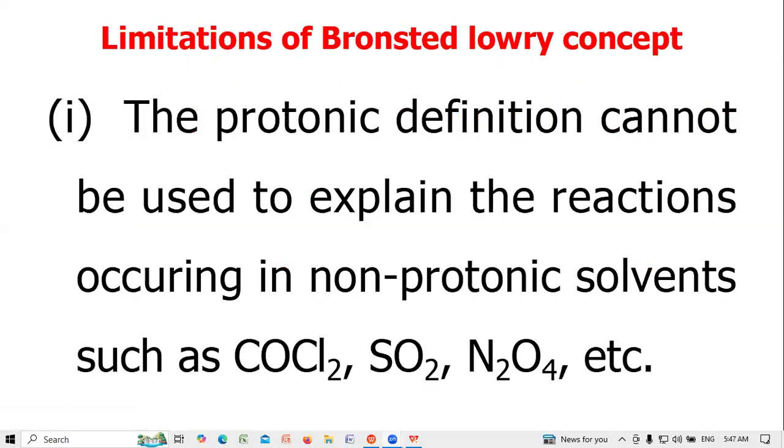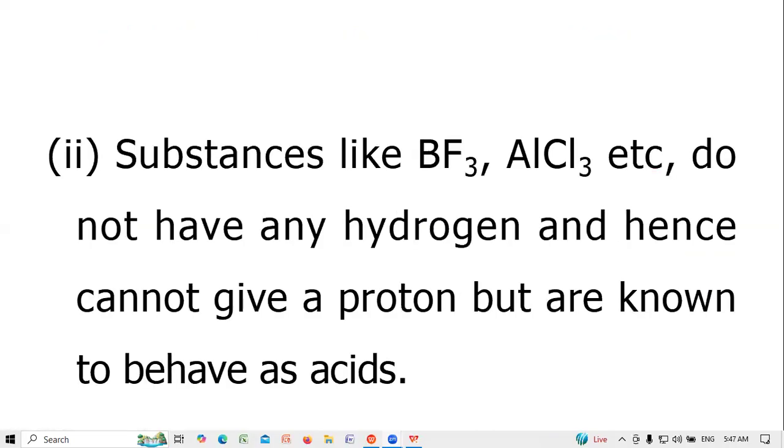Limitation of the Bronsted-Lowry concept: the protonic definition cannot be used to explain reactions occurring in non-protonic solvents, such as bleaching powder, sulfur dioxide, etc. Substances like boron trifluoride, aluminum trifluoride, etc. do not have any hydrogen and hence cannot give a proton, but are known to behave as acids.